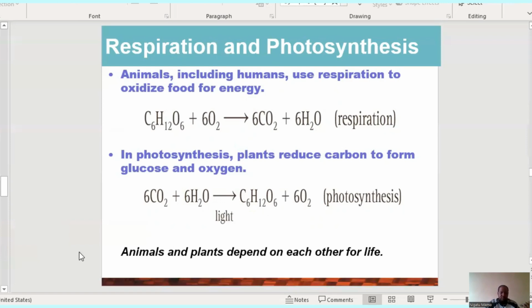Animals and plants depend on each other for life because plants use carbon dioxide and they release oxygen. Animals take this oxygen to oxidize glucose and produce carbon dioxide and water. Okay, carbon dioxide again used by plants. That's why animals and plants depend on each other for life.